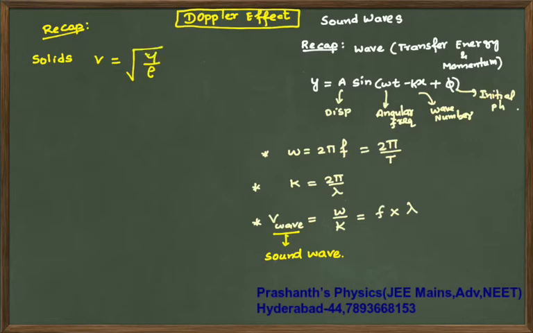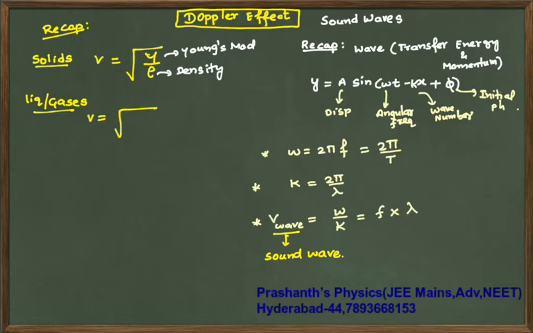Y represents Young's modulus, rho represents density. For liquids and gases, our sound velocity is v equal to under root bulk modulus by rho. B represents bulk modulus.